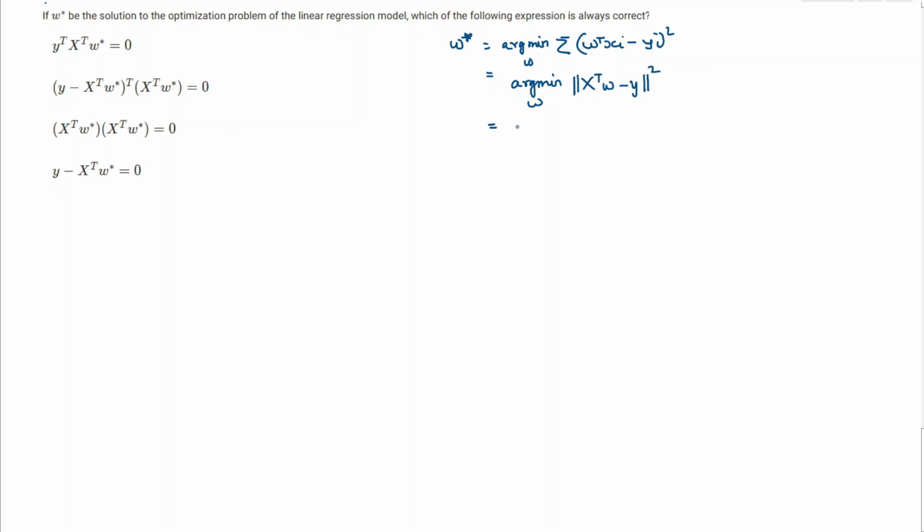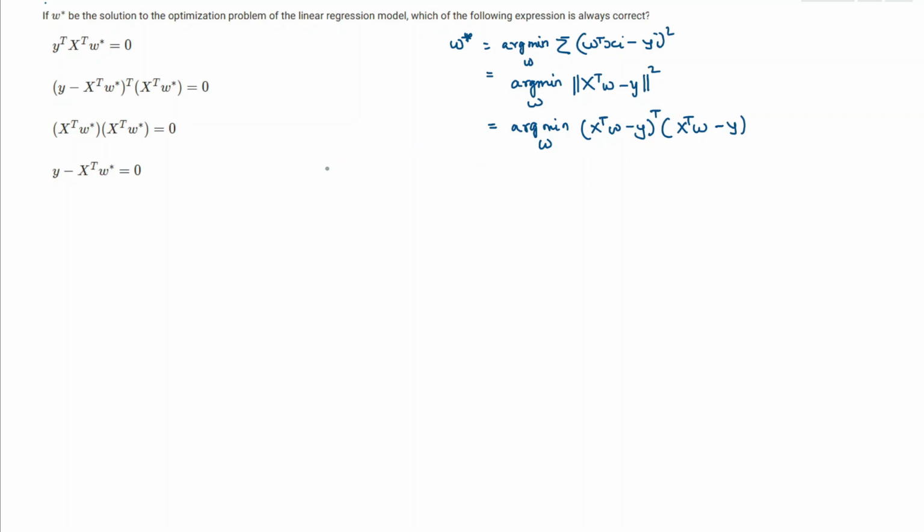Or equivalently we can write this as (x transpose W minus y) transpose times (x transpose W minus y), right? So these are all three same expressions. And what was the idea we followed? We said that we will first take the first derivative with respect to W and then set it equal to 0, right?